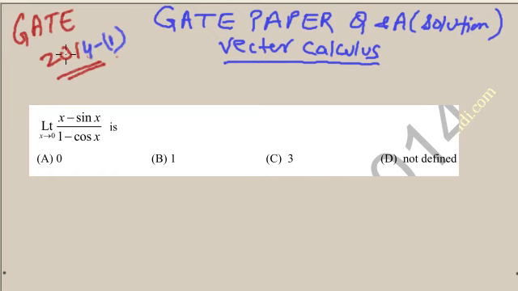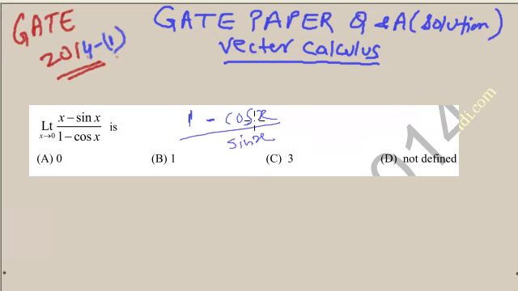Here is the question for GATE 2014 first paper in the first session. So use L'Hospital's rule, differentiate it, you will get 1 minus cos x divided by sin x.